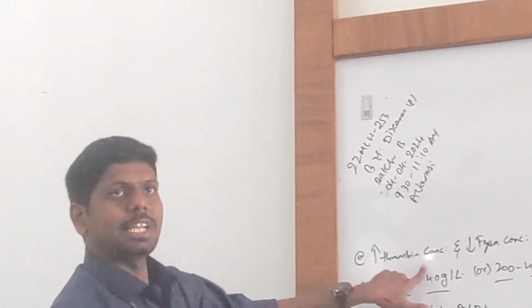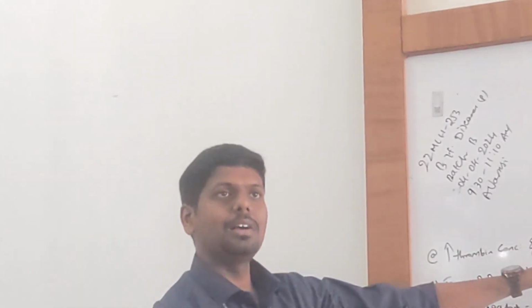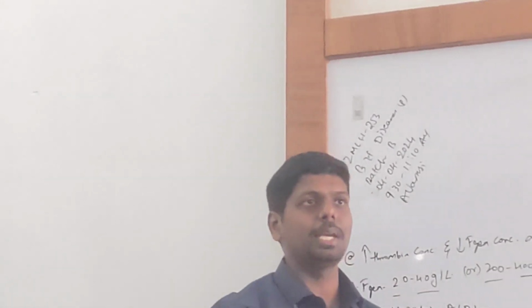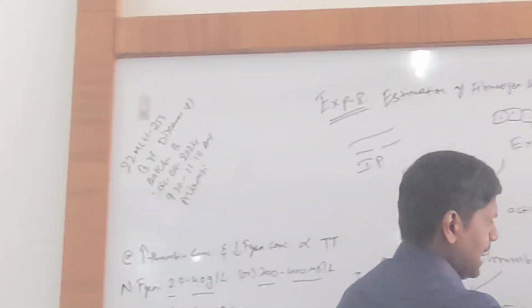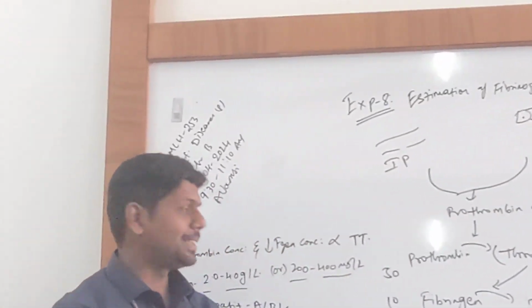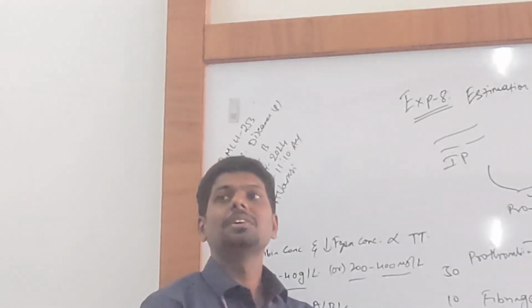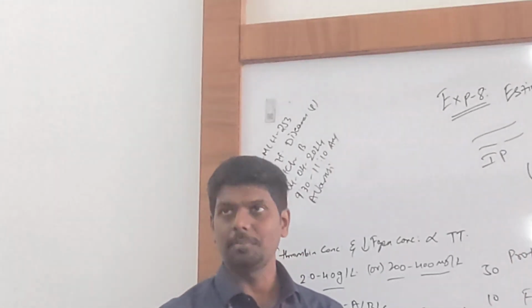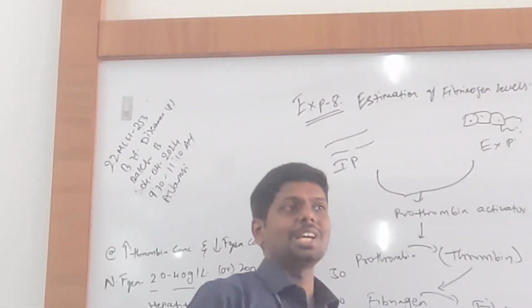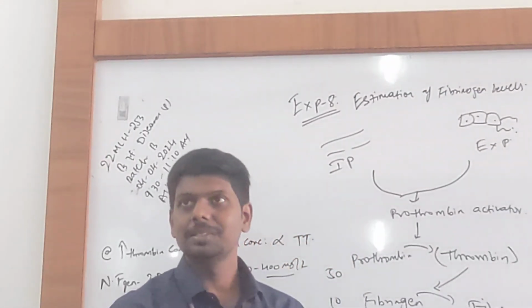So increased thrombin concentration and decreased fibrinogen levels are directly proportional to thrombin time. So I measure the thrombin time to indirectly measure the fibrinogen levels in the blood. You got my point? That is how I use thrombin time to measure fibrinogen levels.